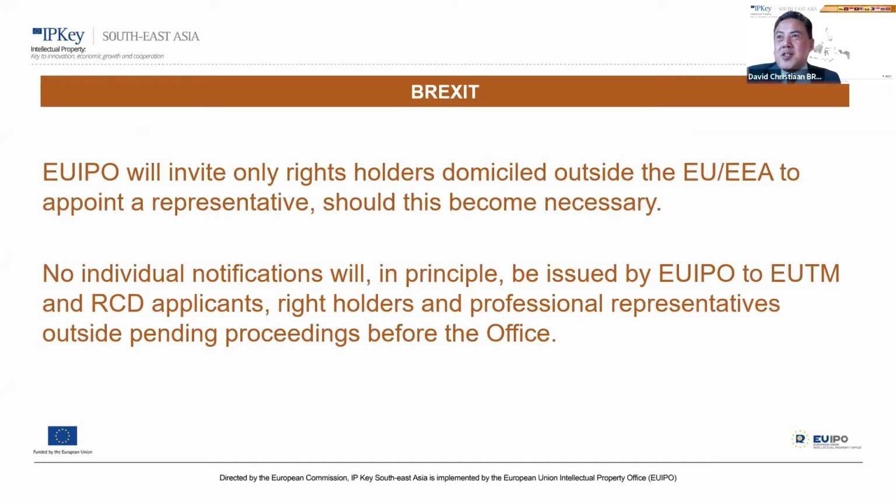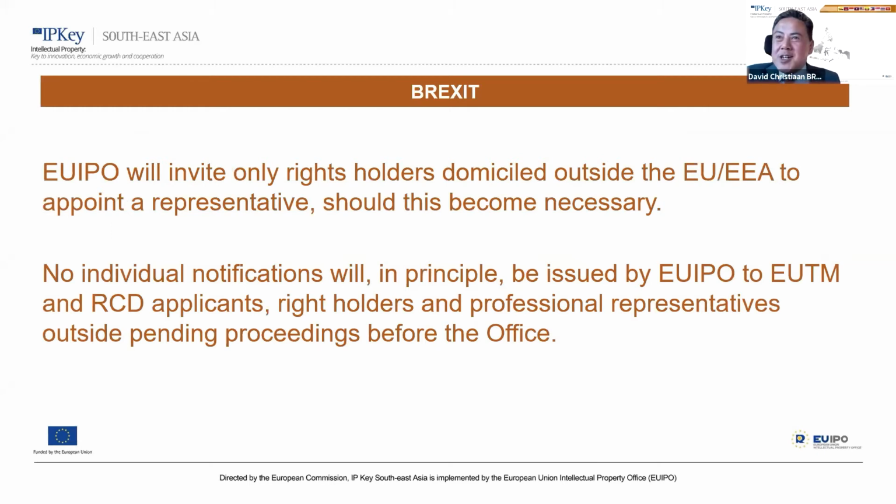For example, if you are an applicant from the UK and you also have a representative from the UK, then as of next year, you would have to appoint another representative if you want to continue proceedings.